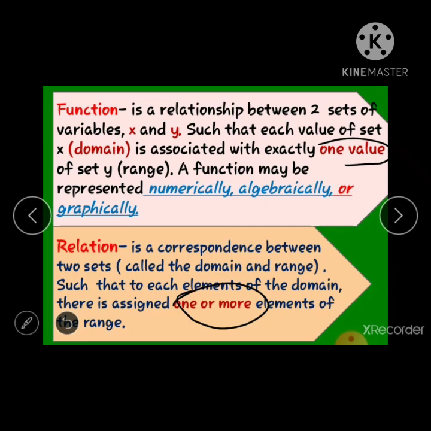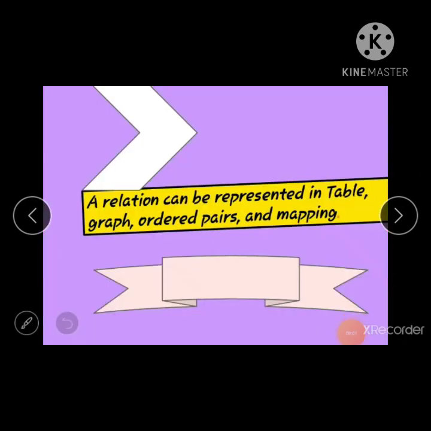The only difference between a relation and a function is that a relation is one or more, and a function is one value only. For a function, there should be exactly one, whereas a relation can have one or more elements. A relation can be represented in a table, graph, ordered pairs, and mapping.